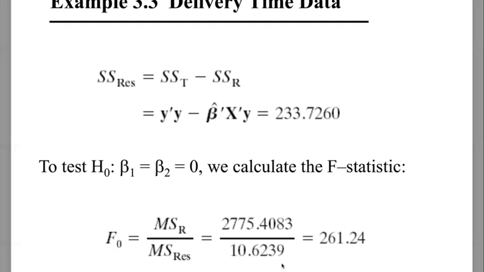When you take that ratio, you get 261.24, which is a very large F value. So there's very strong evidence in the data that this null hypothesis is not true.